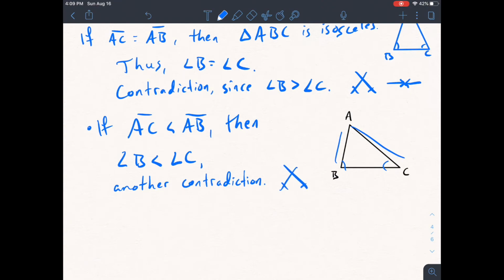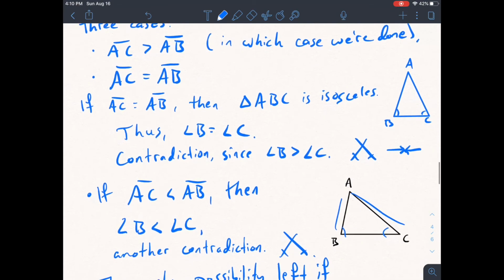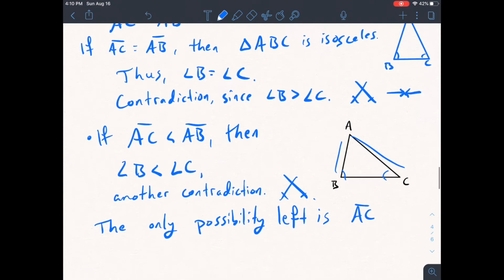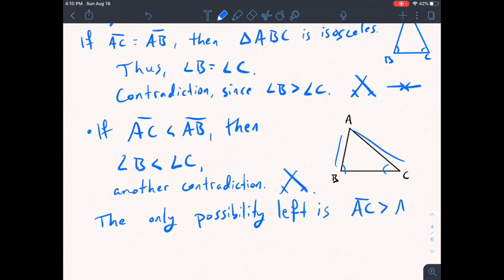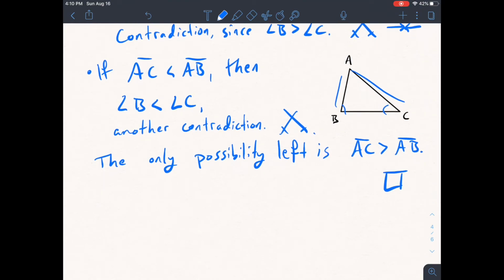So I'll put the swords clashing to signify that this is a contradiction. So the only possibility left is the thing that we're trying to show, which is that AC is greater than AB. And with that, we are done.